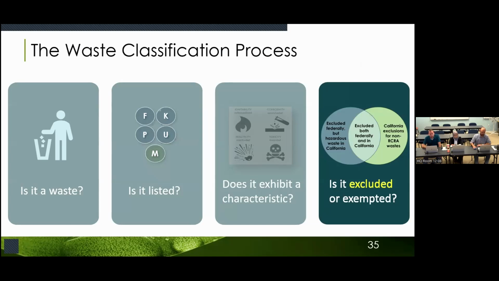Many of the exclusions are for recycling activities to try to promote recovering those valuable resources whenever possible. And most of the exclusions are conditional, meaning that there are still some requirements for how the material must be managed. And if you don't follow those rules, you lose the exclusion.